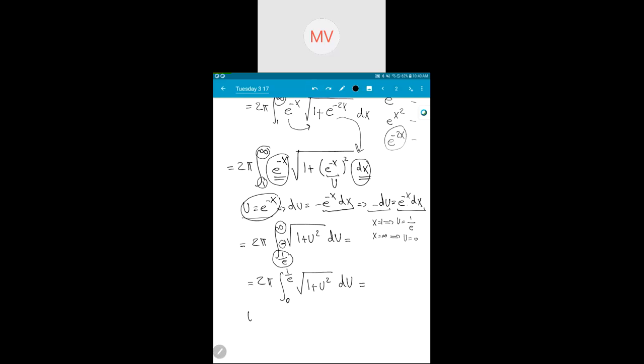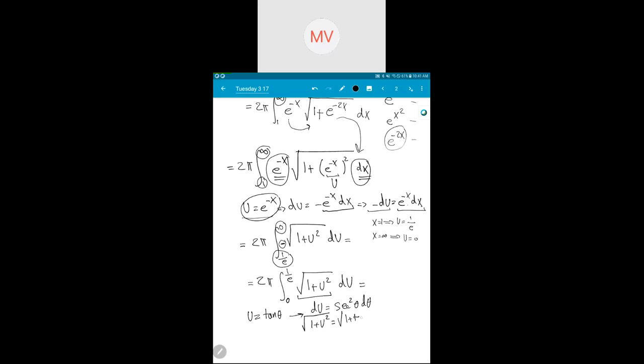So for u, let's let it be tan theta, right? Then du becomes secant squared theta d theta, and of course we consider the root of 1 plus u squared, because that's part of our integrand.